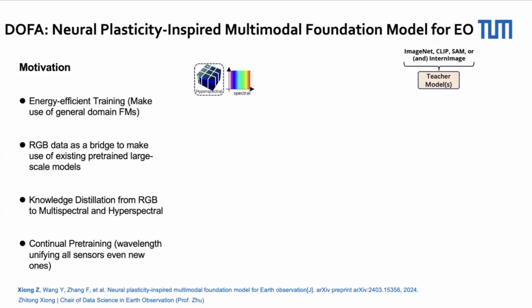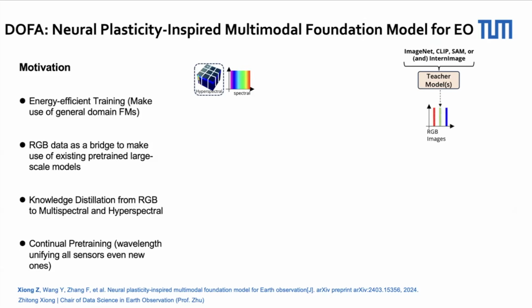Why not use the large-scale pre-trained weights from the natural domain, from the general domain, like the weights pre-trained on ImageNet 22K, or the CLIP model, Segment Anything model, or DINO, or a combination of these models? We would like to do knowledge distillation from these pre-trained weights into our DOFA model, so as to reduce the computational cost here.